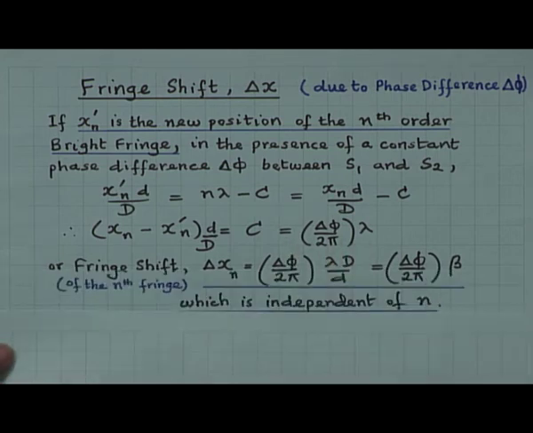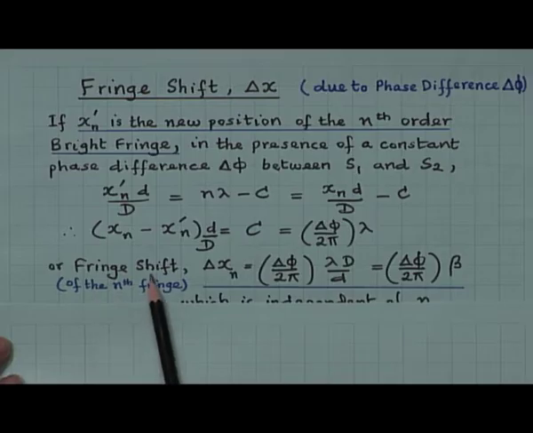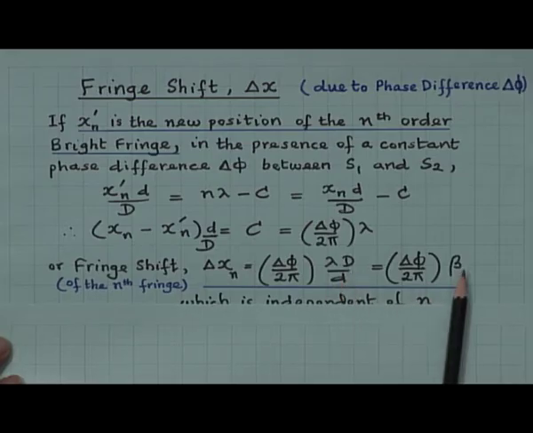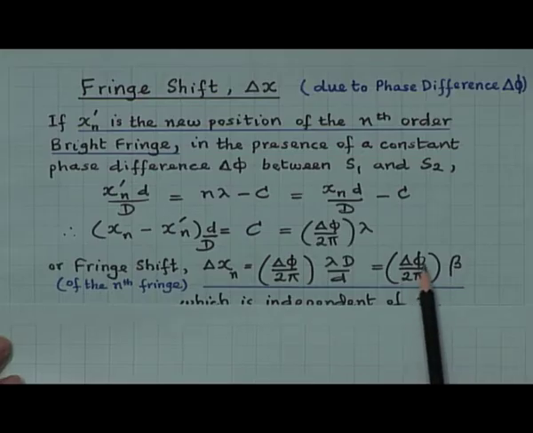which is equal to delta phi by 2 pi into lambda. Or the fringe shift delta x n is equal to delta phi by 2 pi into lambda D by d, and lambda D by d is the fringe width, and we have seen that the fringe width does not change whether delta phi is 0 or a finite number.